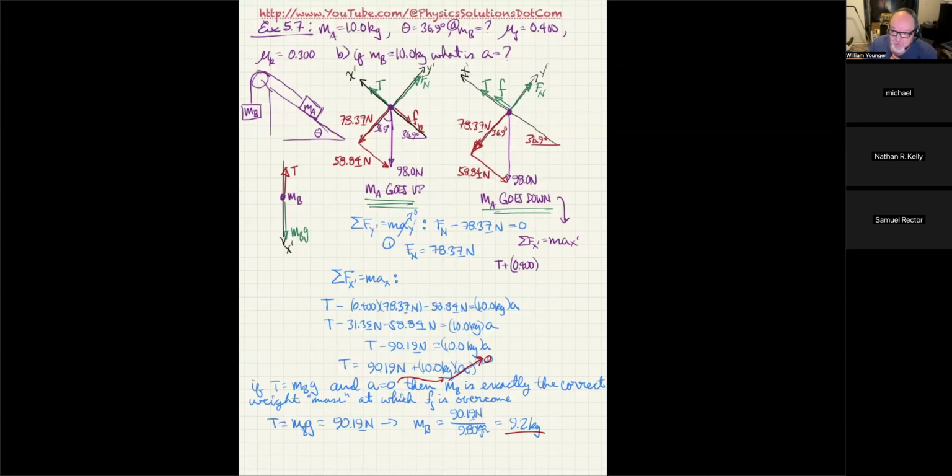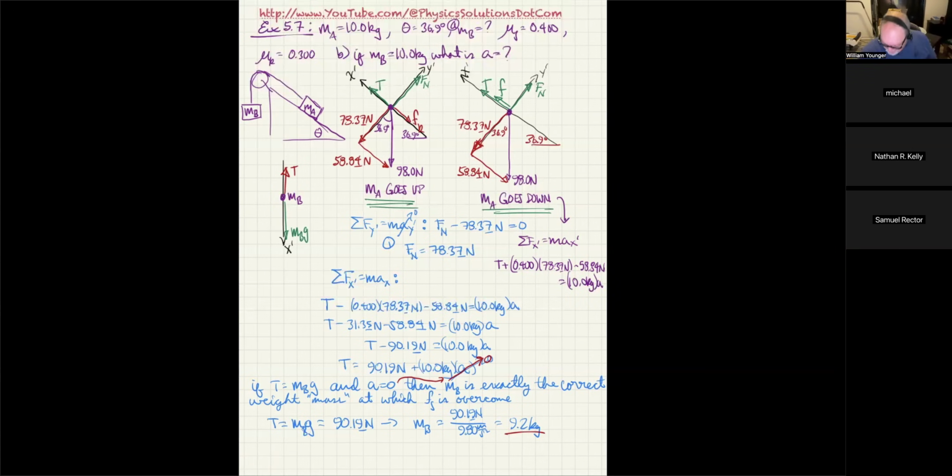I didn't mention that in the previous one, but hopefully y'all understood that's what I was doing. Just in case you didn't, I wanted to make sure you do now. So I'm saying the 0.40 times the 78.37 newtons. That is the T plus the F, and now I've got to say minus 58.84 newtons, and all that's equal to 10.0 kilograms times a.